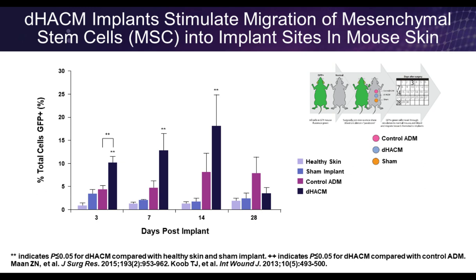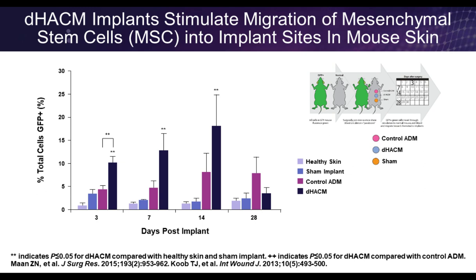Now, in the controls, a sham implant or an amnion membrane that does not contain all of these growth factors, you can see that there's a tremendous amount of recruitment from the green fluorescent protein conjoined mouse stem cells into the recipient mouse at the implant site.